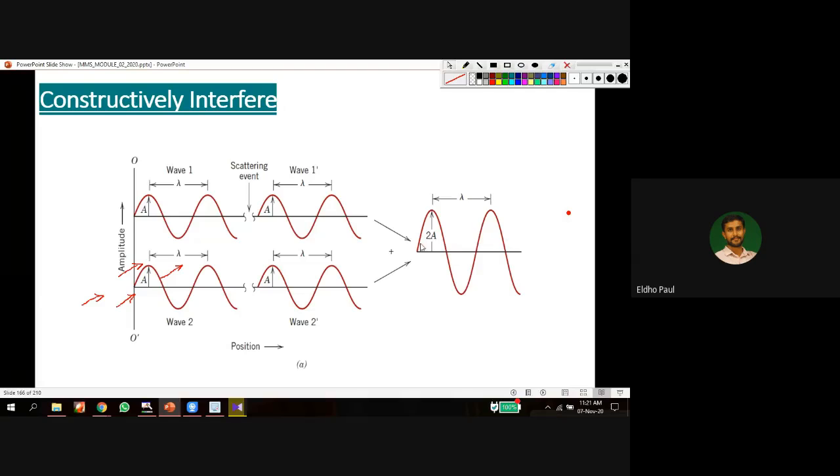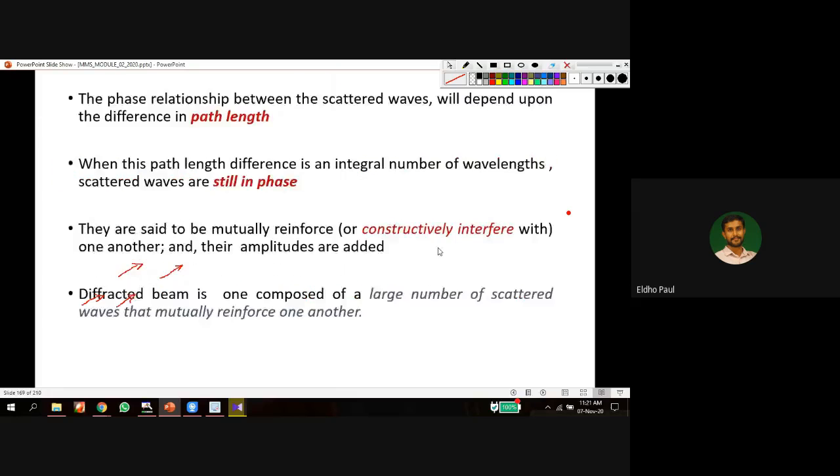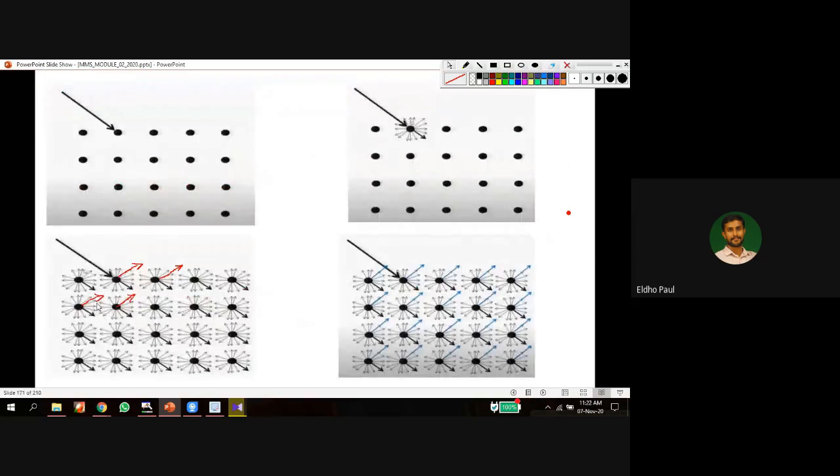What is the resultant? The result is a strong ray with double the amplitude. When two waves constructively interfere, the amplitude is doubled. When 10 waves constructively interfere, the amplitude is 10 times. So, in this direction, we assume the waves are in the same phase.